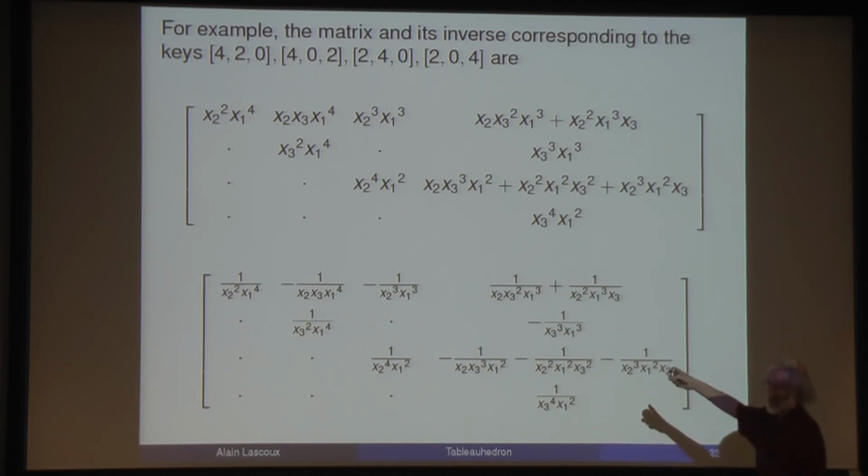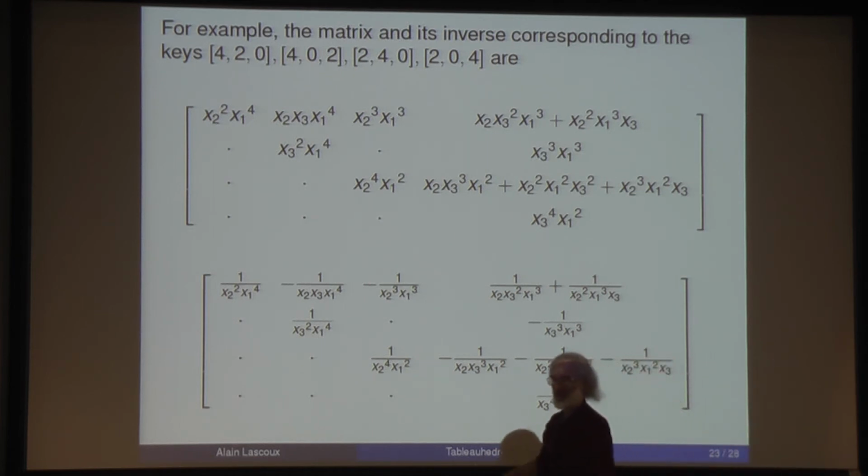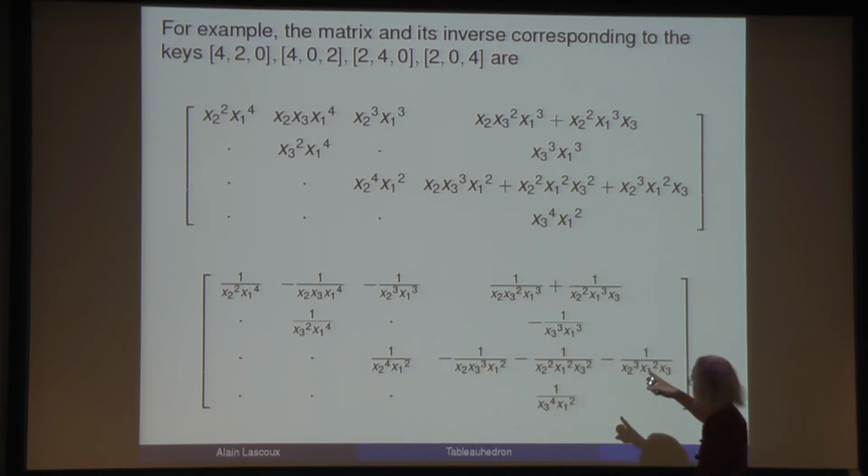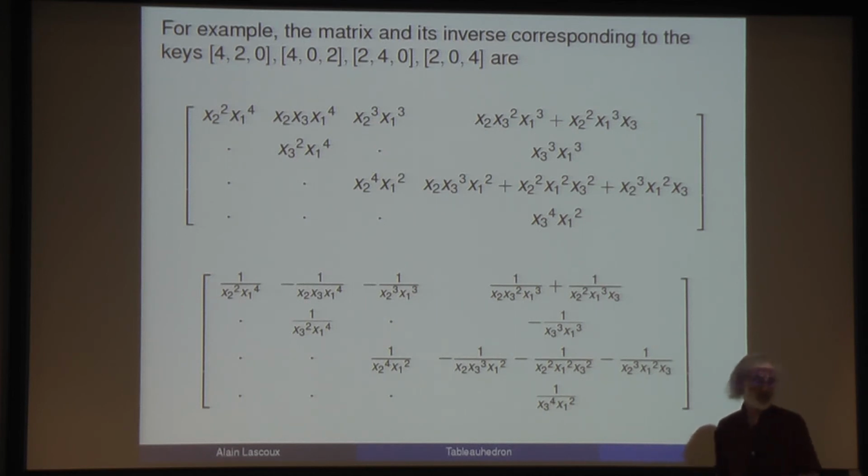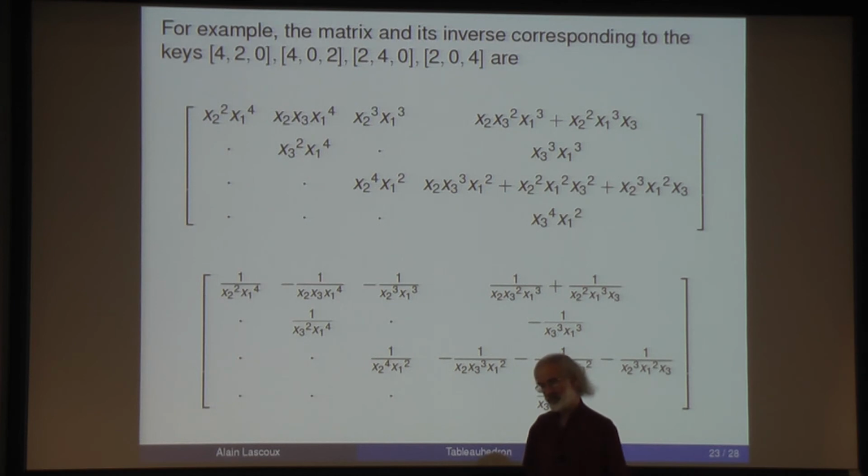You have some minus signs, of course, and you have taking the inverse variable. This is what gives the Eulerian property. And if you evaluate all the variables to 1, then you will recover the number of tableaux.